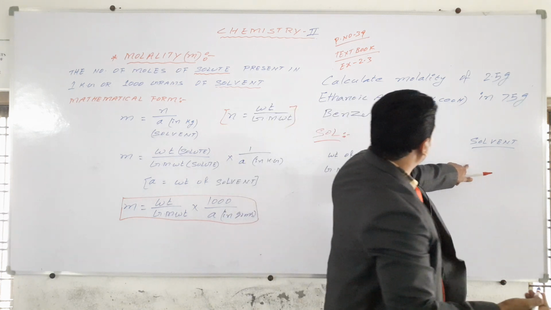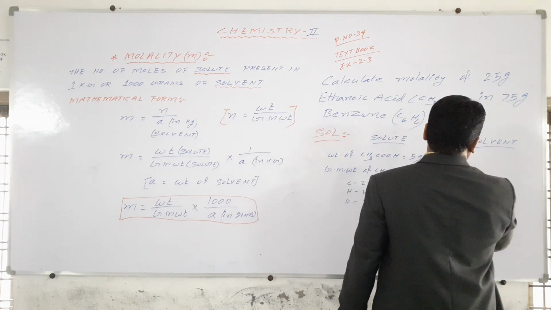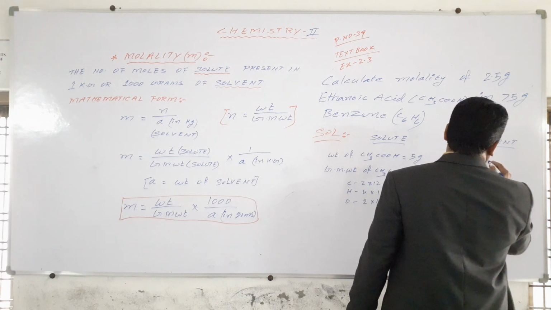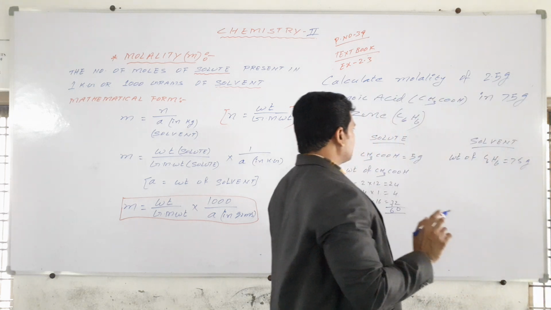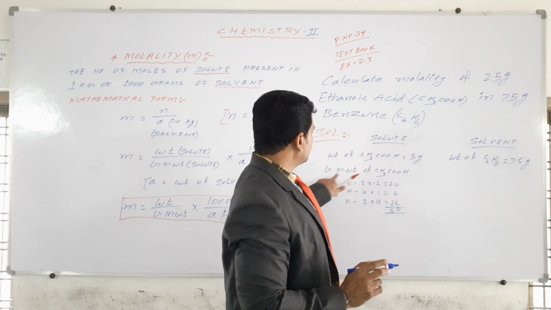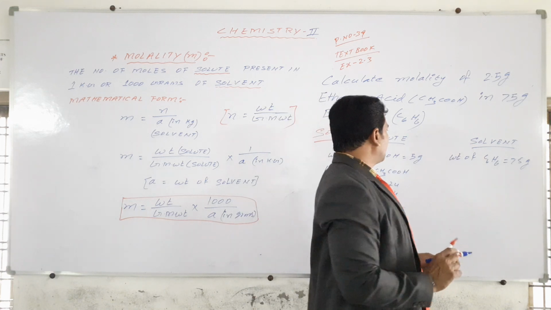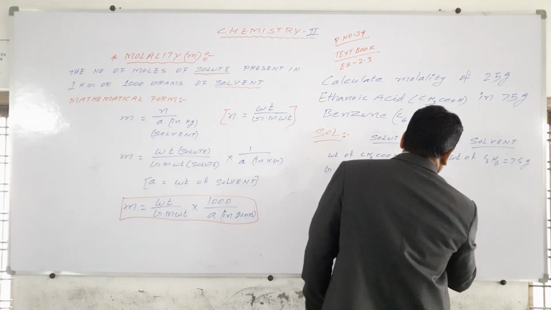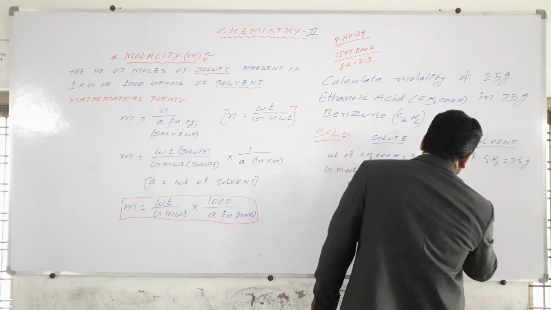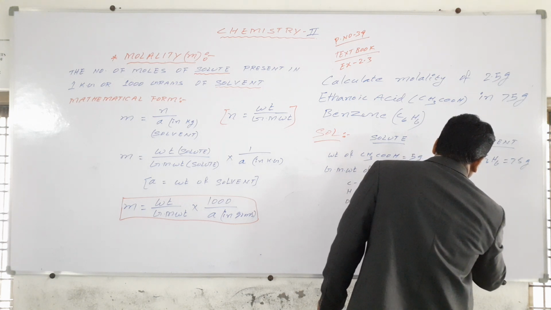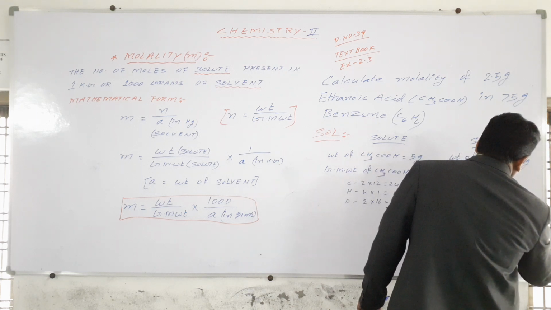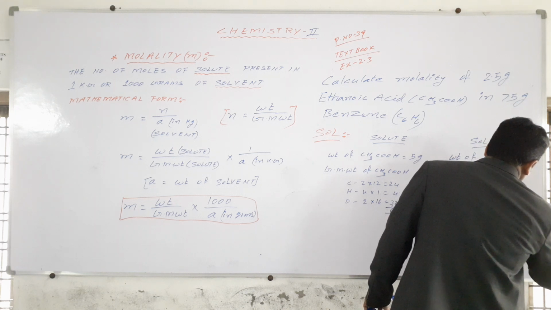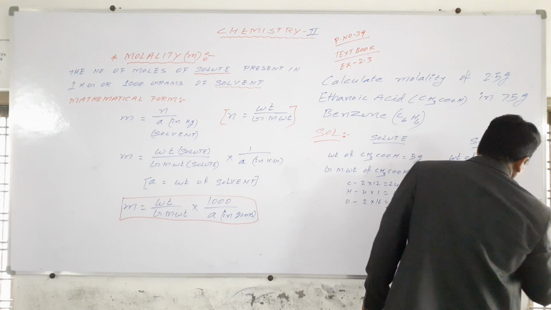Then solvent is nothing but benzene. Weight of C6H6 is 75 grams. So this is the solute weight, molecular weight, and this is the solvent. Now substitute: molality equals weight by gram molecular weight into 1000 by A in grams.